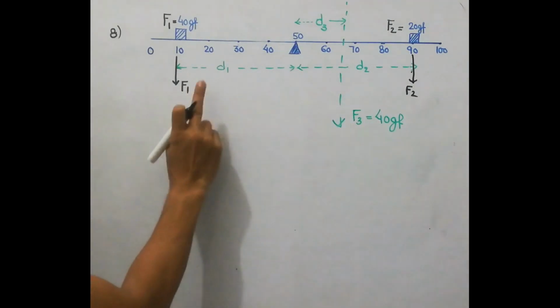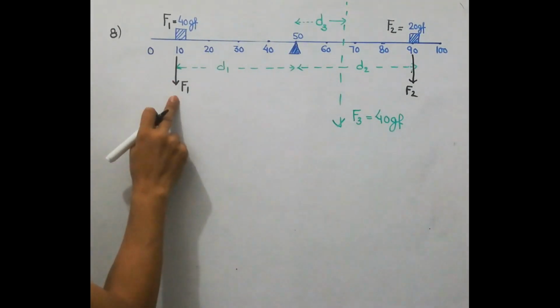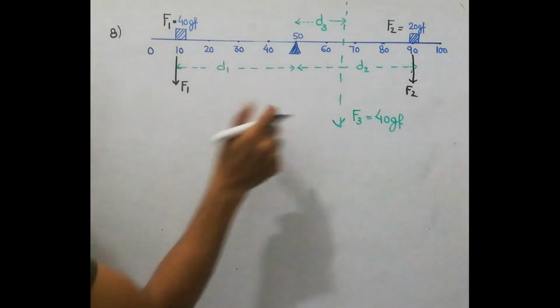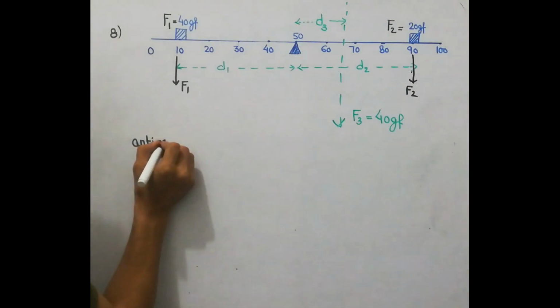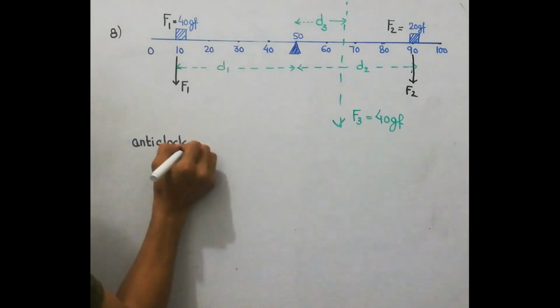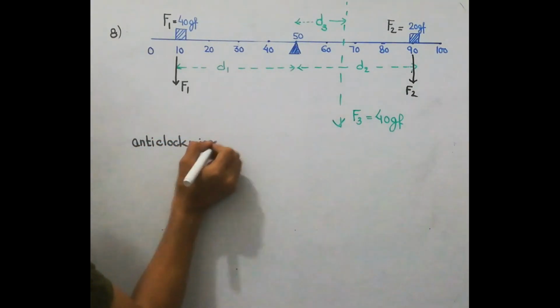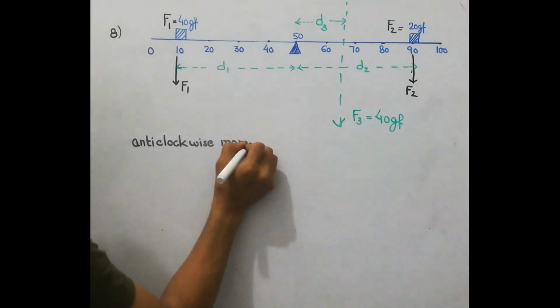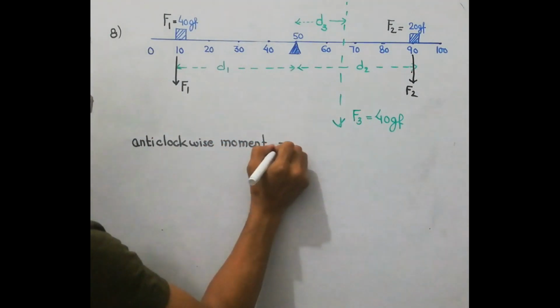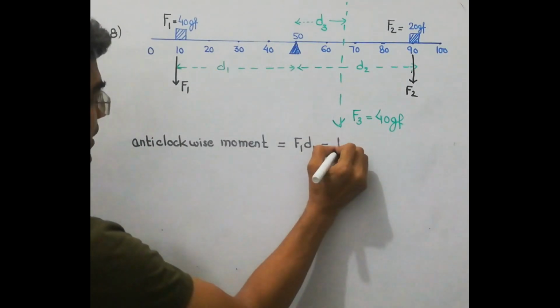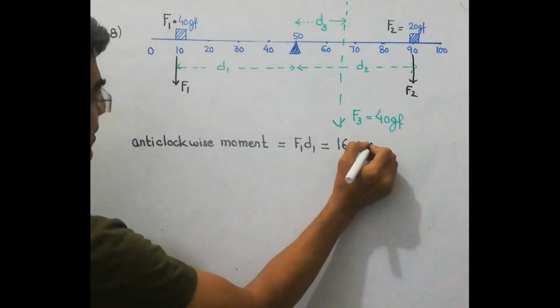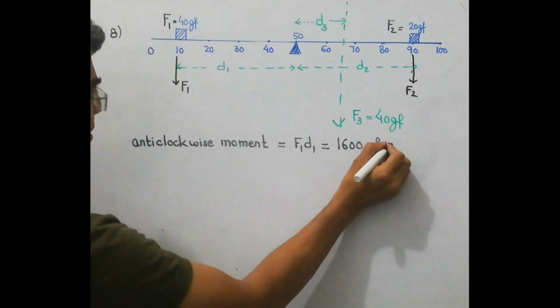Now, in this diagram we have 1, 2, 3 forces. F1 was producing anti-clockwise moment, that you have already calculated in the first part, 1600 gf centimeter.